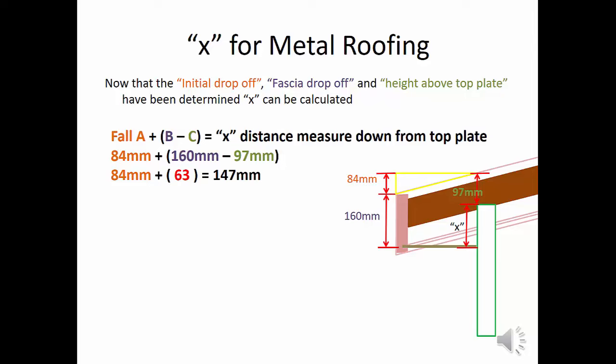So fall A, initial drop off, is 84 mm again, and B, fascia drop off, is 160 mm again. But you'll notice this time that C is 97 mm. So if we complete the calculation, fall A, 84 mm plus bracket B, fascia drop off of 160 mm minus C, height above top plate, 97 mm, close bracket, gives us an eave drop off of 147 mm.